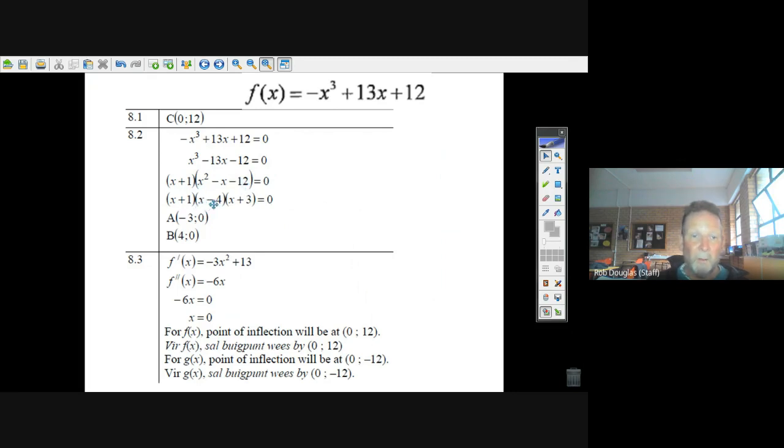So 4 times 3 is 12. It's got to be -4 times +3 to make this minus x. Then x must be 4, so B must be 4 and 0, and -3 must be the other one.